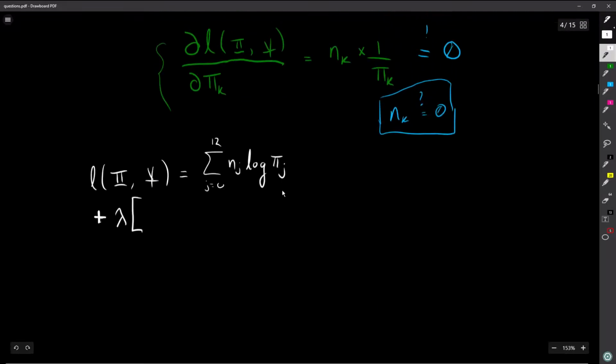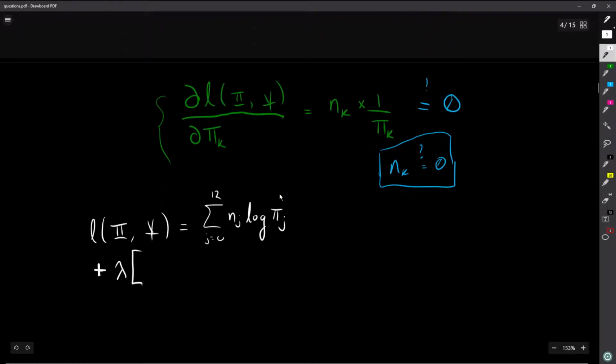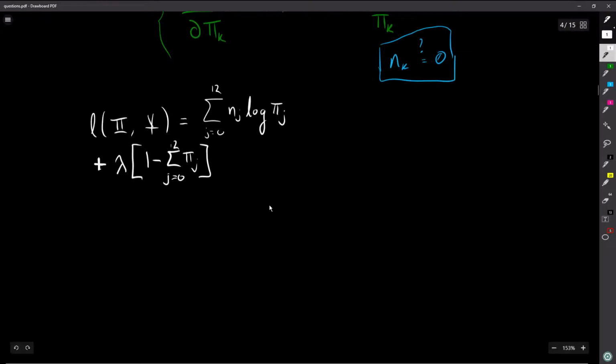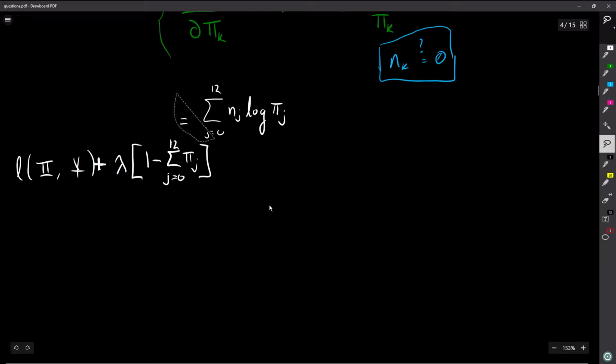Really we're not changing the log likelihood here, because this term that we've added on, 1 minus the sum from j equals 0 to 12 of pi j, is still 0, because 1 minus the summation has to be 0. And so we've just added 0, but we've added 0 in kind of a clever way. That means that now we're going to actually be able to correctly solve this equation.